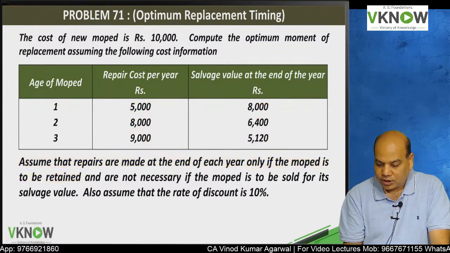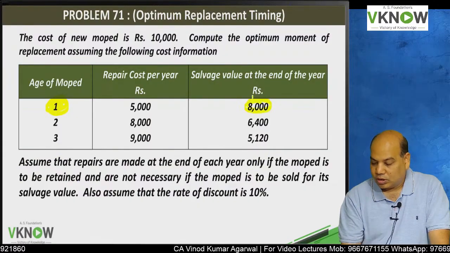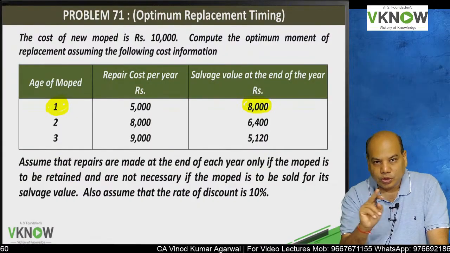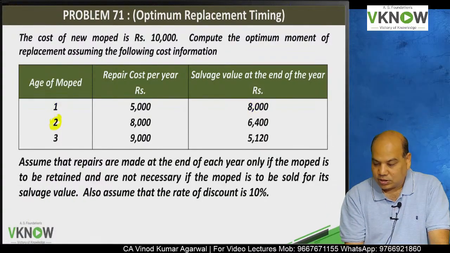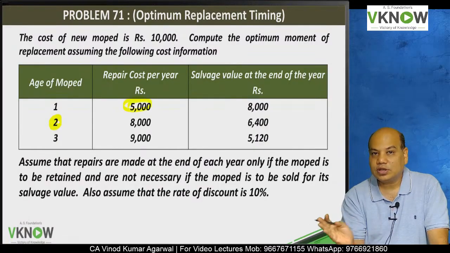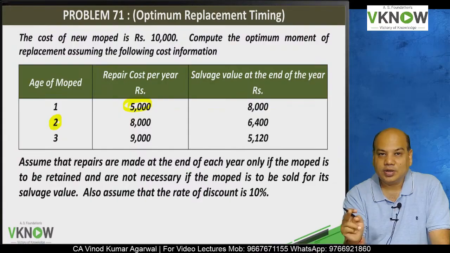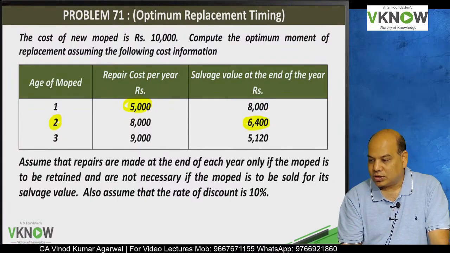So if you want to replace after year 1, for example, you will only receive salvage value, you will not incur repair cost. But suppose you want to replace after 2 years, meaning you want to use the asset for the second year, then incur the repair cost of the first year and get the salvage value of the second year.